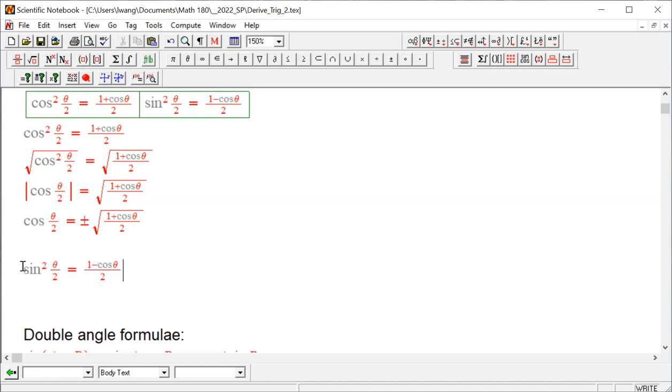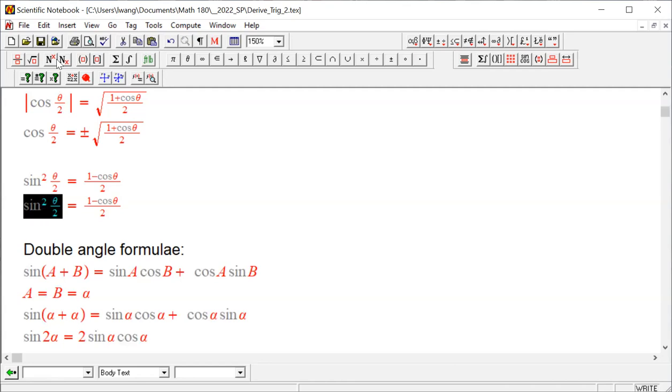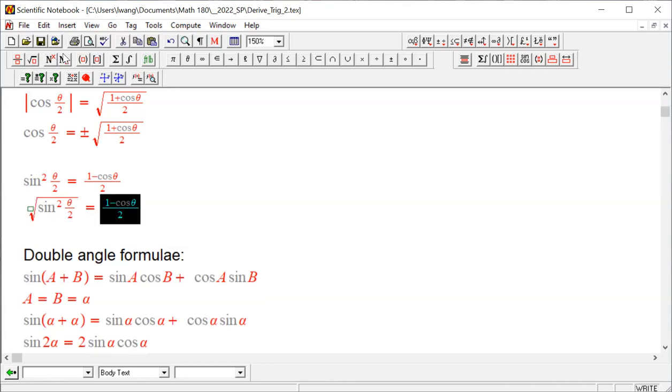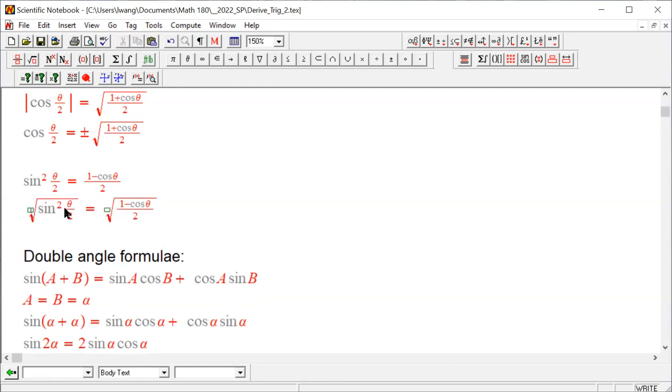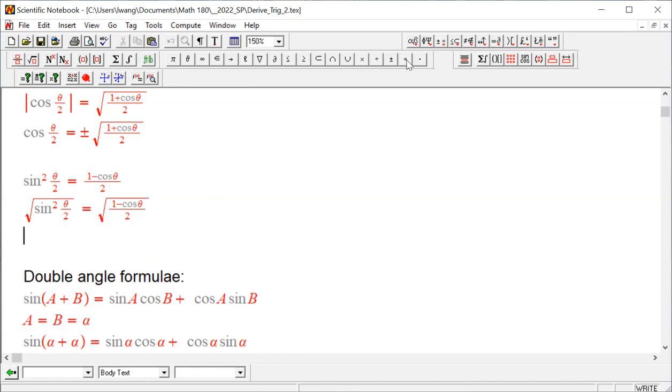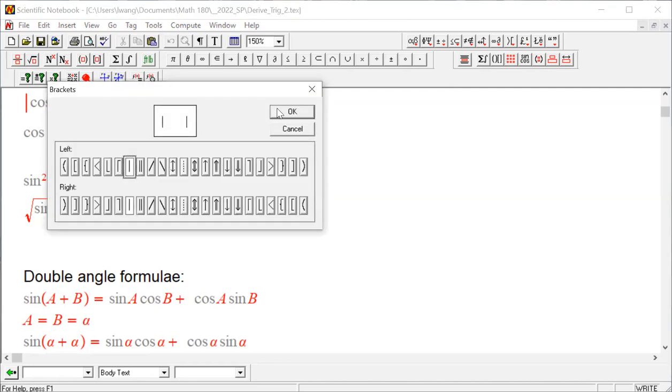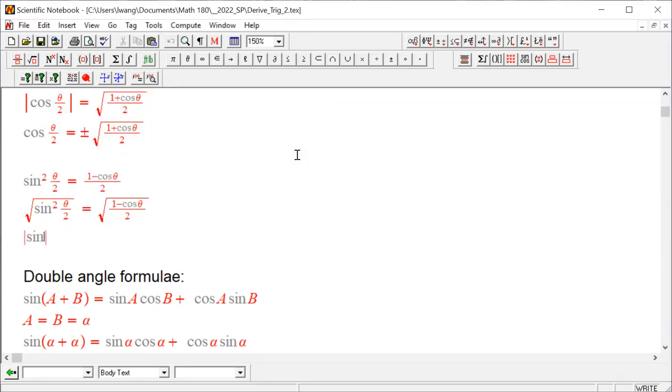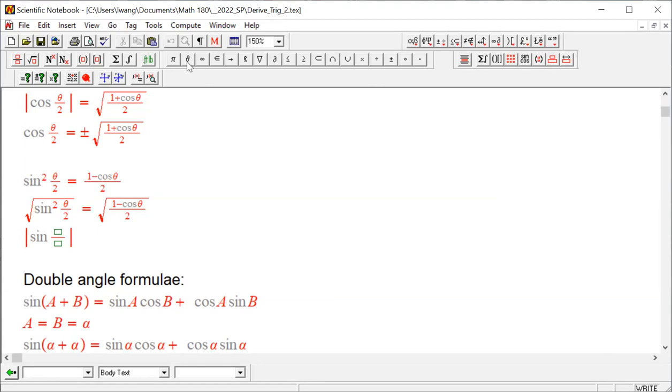We're going to take the square root on both sides. On the left-hand side, it's the absolute value of sine of theta over 2. On the right side is the square root of this piece.